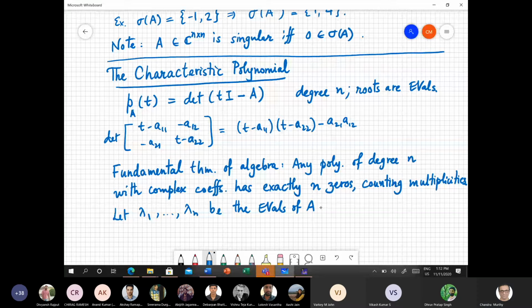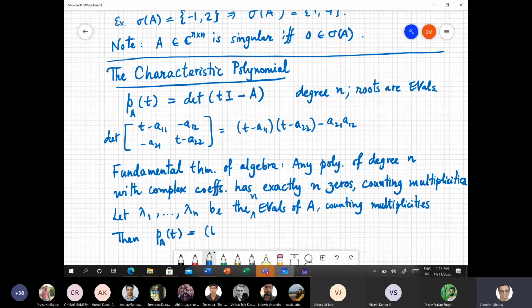Then these are the zeros of the characteristic polynomial. So we can write p_A(t) equals (t minus lambda 1)(t minus lambda 2) up to (t minus lambda n). This is a factorized form of the characteristic polynomial, and this polynomial is identical to the determinant of tI minus A.